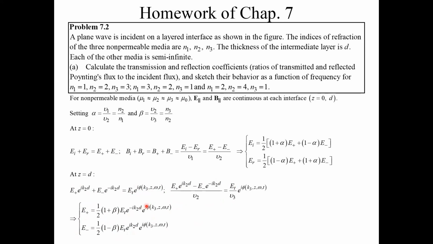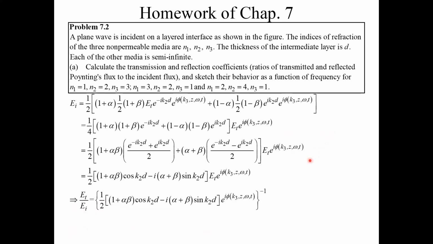And next, we apply these two. We apply the negative and positive direction waves into here, and we can expand our incident E field in this way, and take out these two terms outside, and sorting our coefficients, we can change our exponential minus ik2d and exponential ik2d into cosine and sine terms.